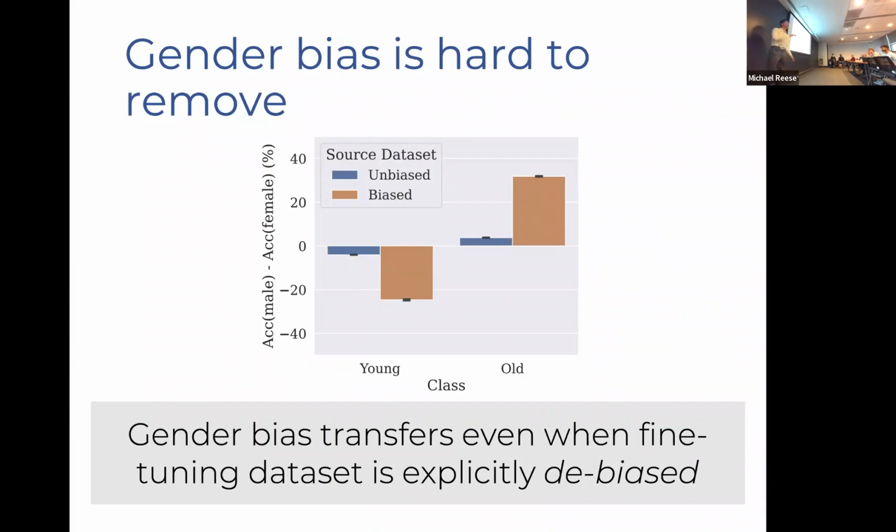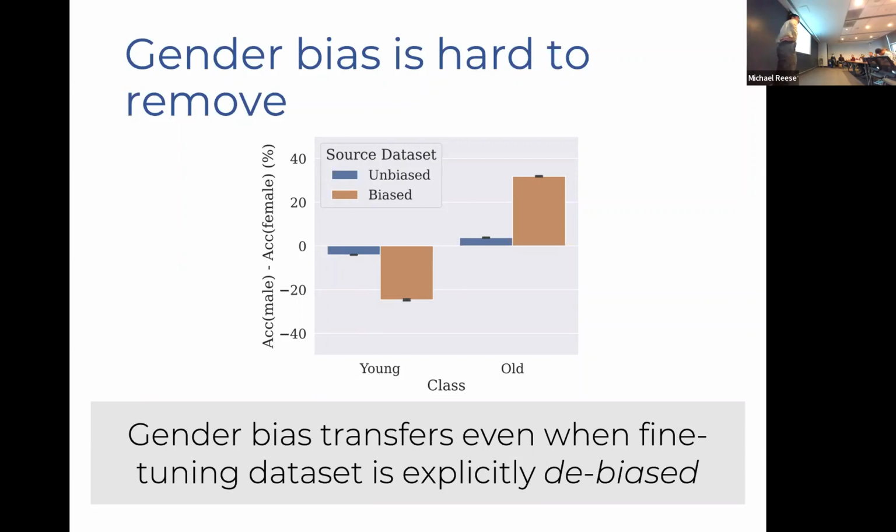So even if we try to de-bias the fine-tuning data, it's still the same. Why does this happen? You cannot just get rid of the original bias.